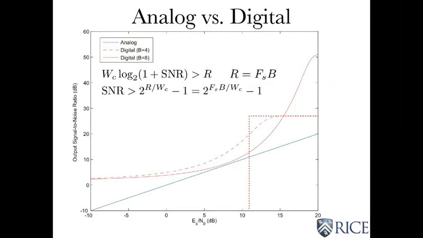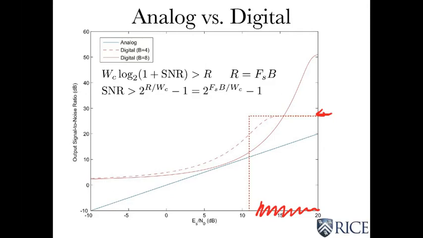So what results is I can send my information through my channel. If the SNR is bigger than this number, then I will incur no communication error. The only thing I'm left with is the quantization error. That's this plateau.